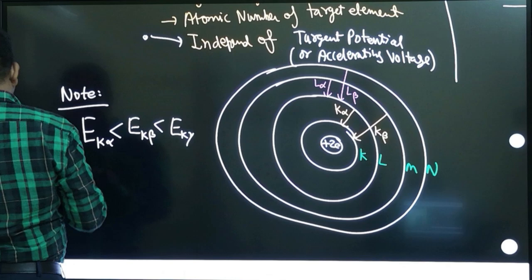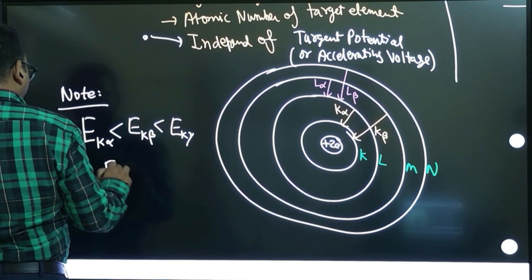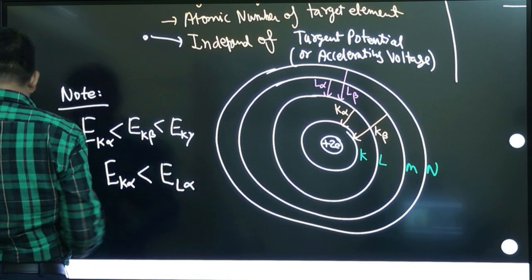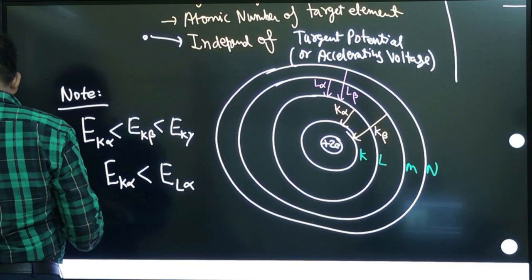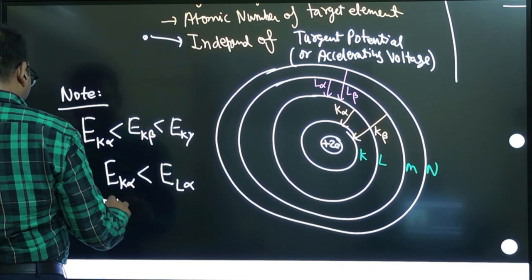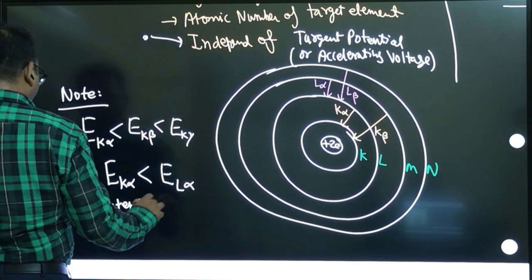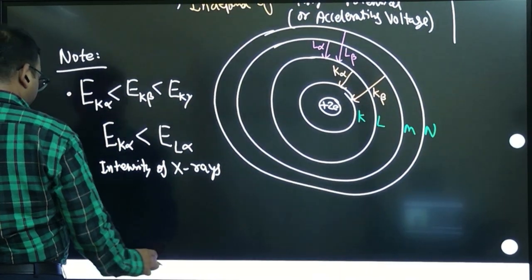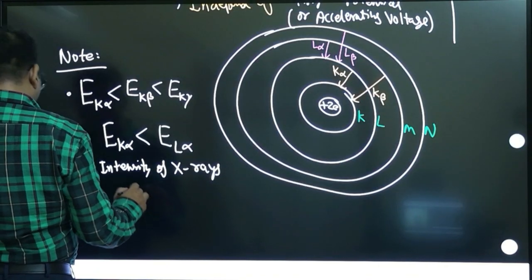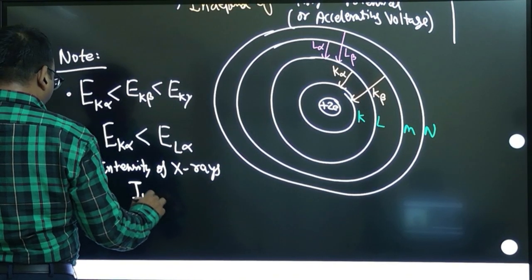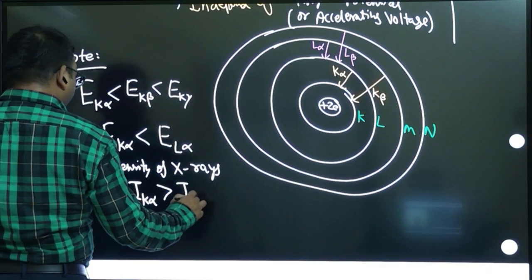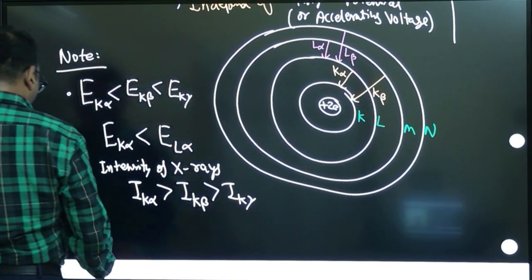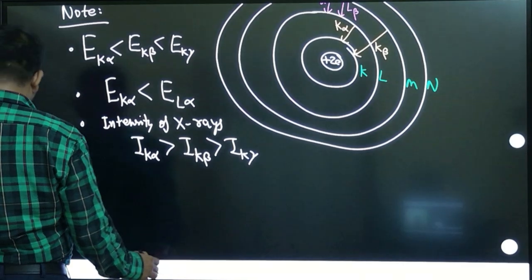Also note that energy of K alpha is lesser than energy of L alpha. Another point to be noted: the intensities of X-rays are more for K alpha, then in this order they follow K beta, then K gamma. This is the intensity order.